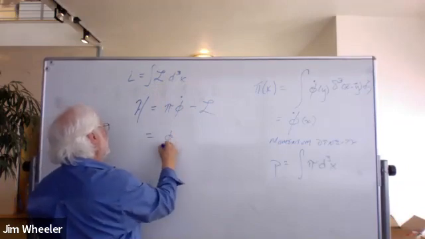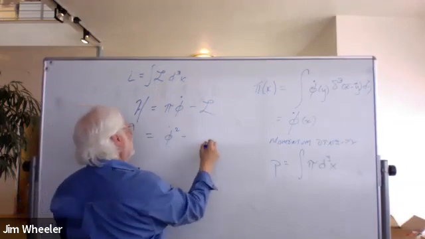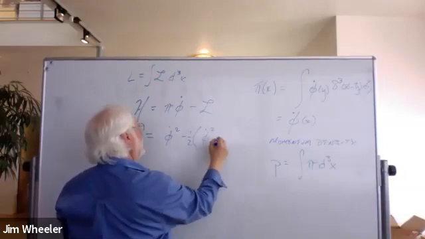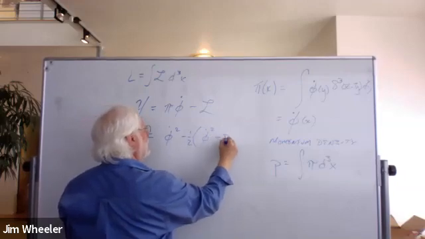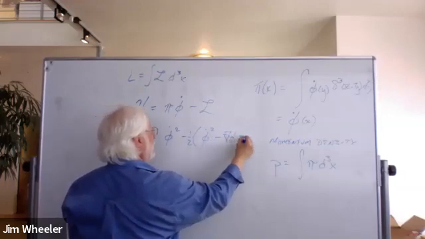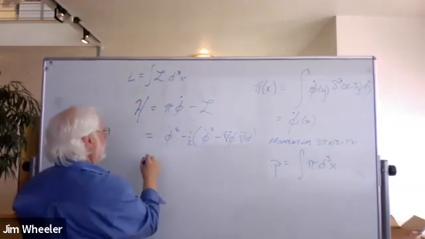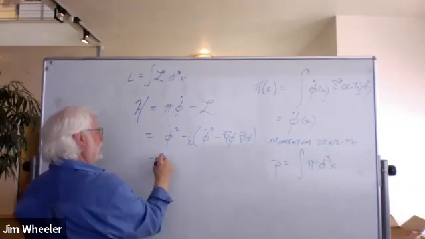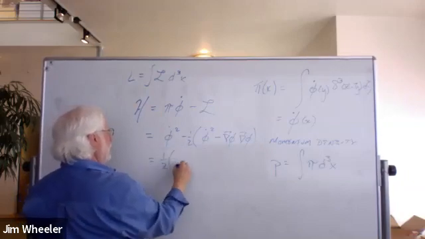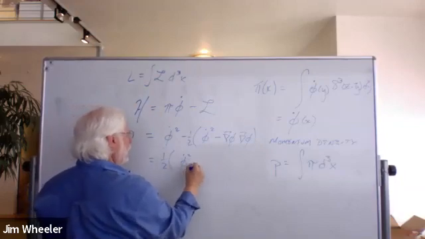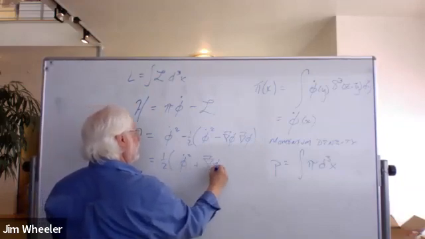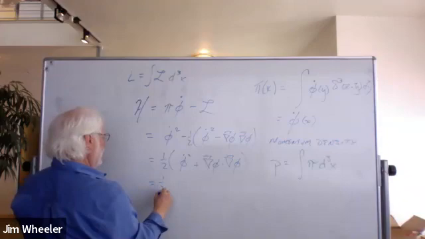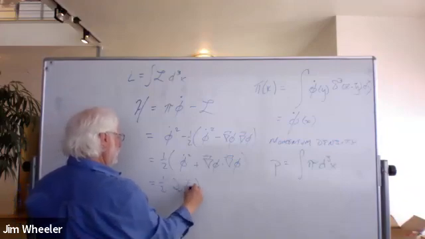If we put this together, that's going to be a phi dot squared, and then the Lagrangian had a half phi dot squared minus grad phi dot grad phi. And lo and behold, what do we get? 1 minus 1/2 is still a half, and we get phi dot squared plus grad phi dot grad phi.